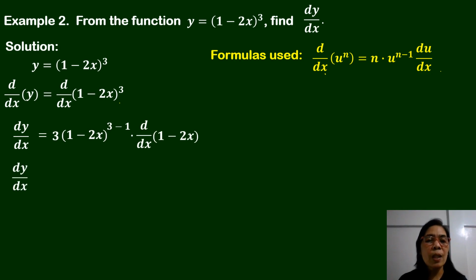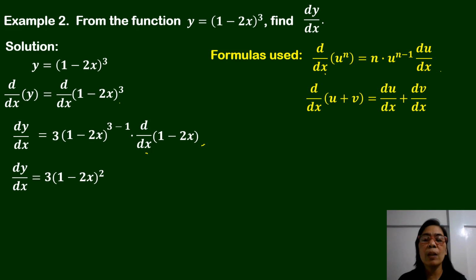So in the next step, we just copy those factors which do not contain a derivative and simplify. So we have here 3 times the quantity 1 minus 2x raised to 2. Then we have the derivative of 1 minus 2x. We go back again to the list of differentiation formulas and notice that this follows the derivative of a sum.